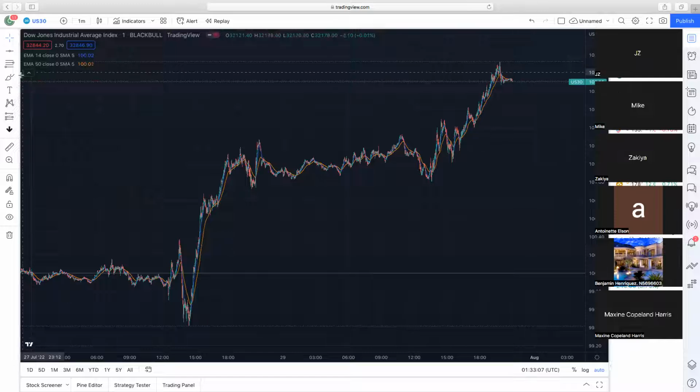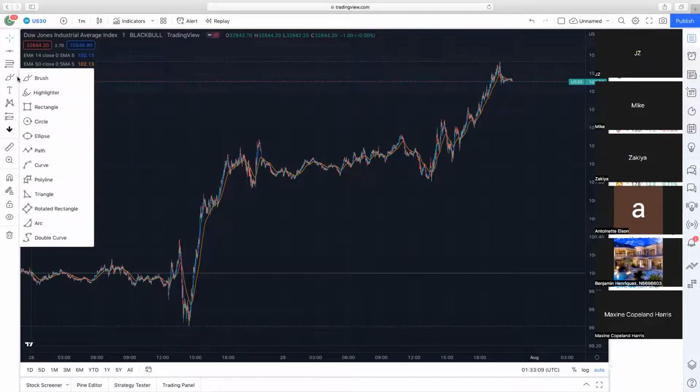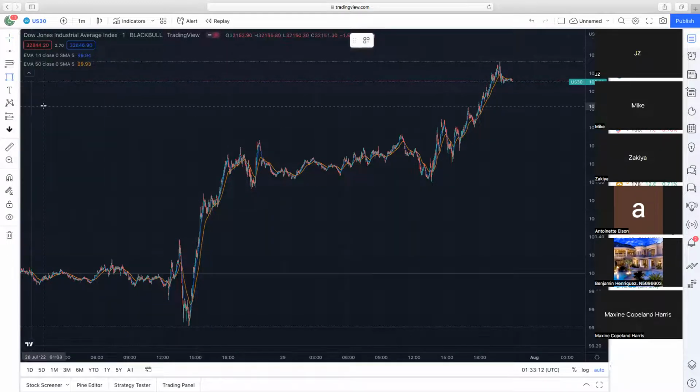Some people are nailing it. Travis, you've got the zones. So when you scrunch it up, everywhere that you see the candles kind of running together, that's going to be a zone.